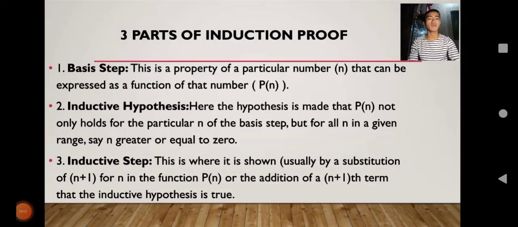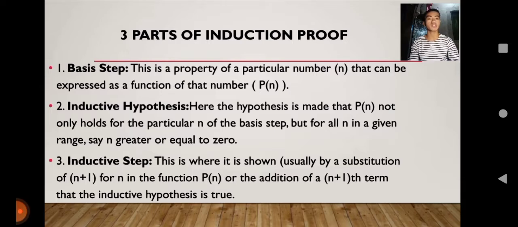Good evening, everyone. This is the continuation of the report of Mr. Albert Tu-ayon. Three parts of induction proof. First, basis step. This is a property of a particular number n that can be expressed as a function of that number, P of n.